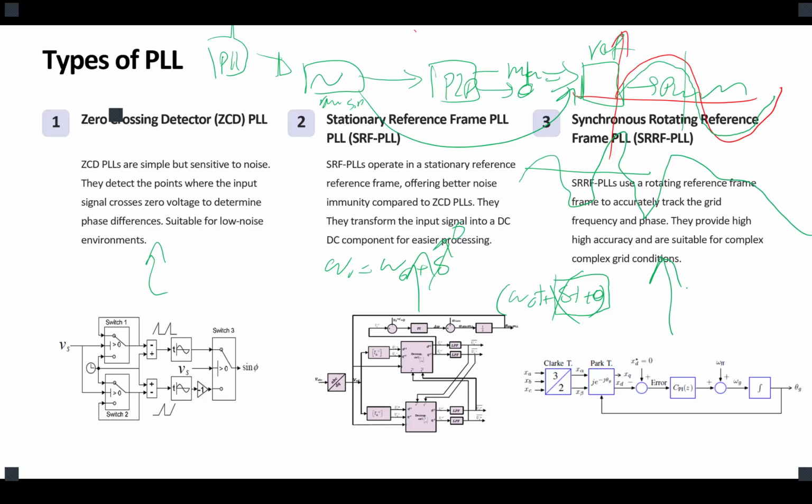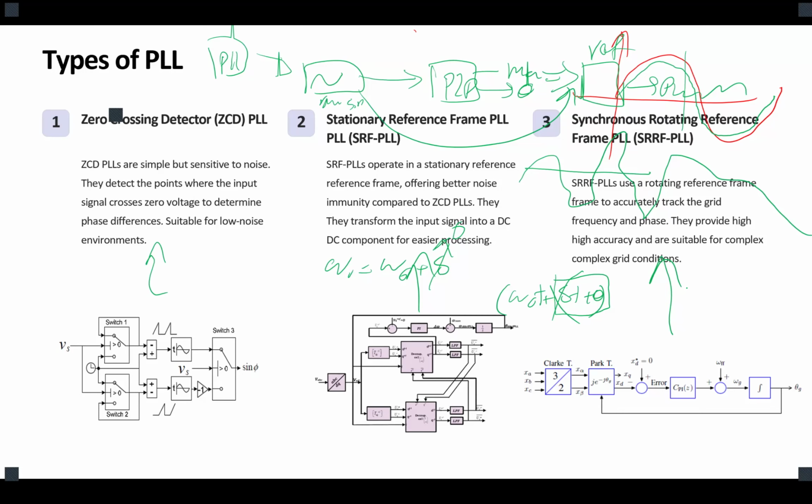The simplest one that you need to implement, if you don't want to use an already existing PLL in MATLAB, is the zero crossing detector. Very simple. What it does is, like a clock, count how many times the signal crosses the value 0.